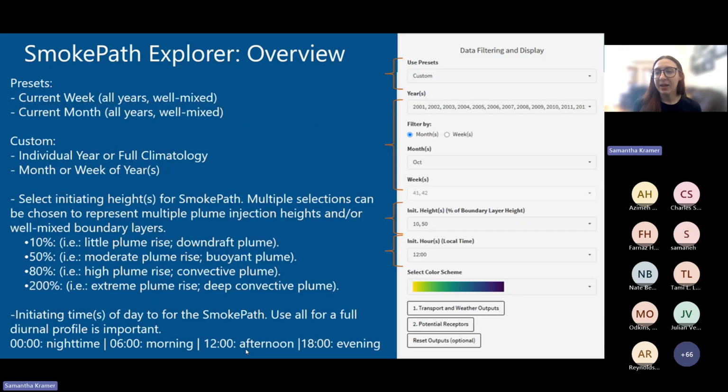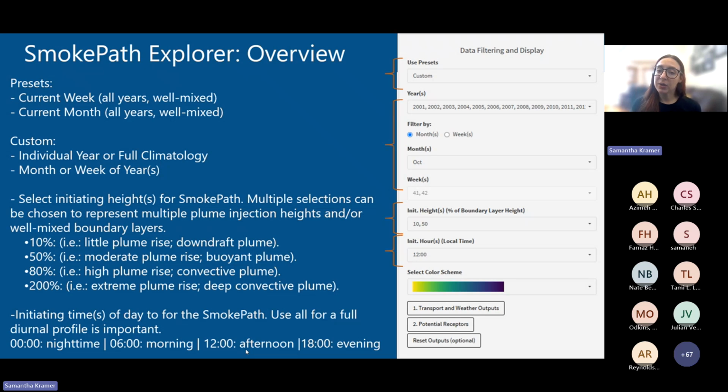All right, let's talk about user inputs. We do have the option to use presets. However, I am going to primarily talk about custom user selections on this webinar. So this tool allows you to select a full 20-year climatology. You can also filter by month and week.